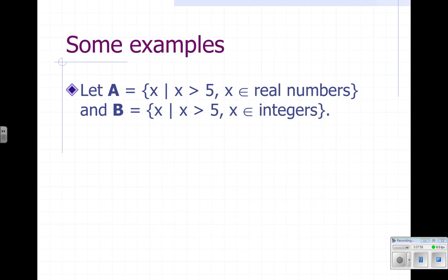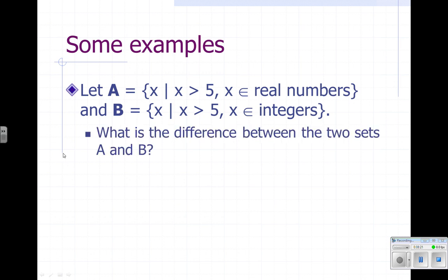So let's talk about an example of this sort. Let's say that I told you I had the set A, which was the set of all x such that x is greater than 5, and x is an element of the set of real numbers. And oppose that to x such that x is greater than 5, and x is in the set of integers.